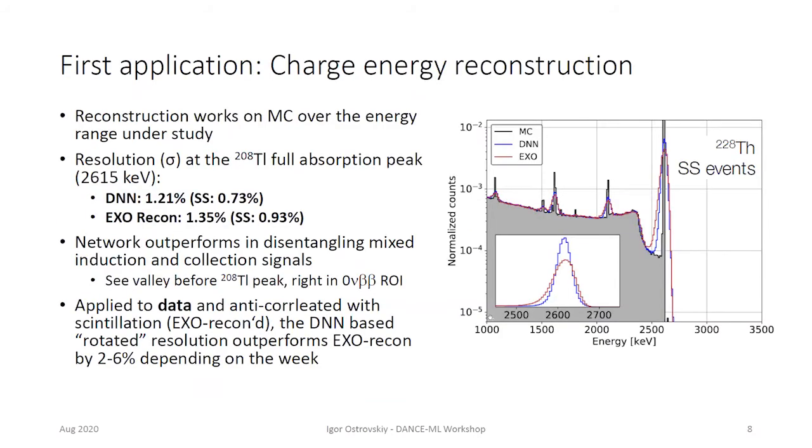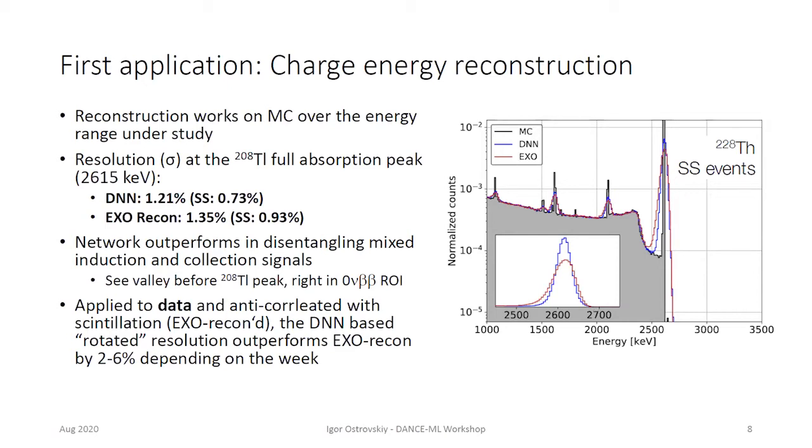So the first application was to reconstruct the charge energy, the energy estimator provided by those charge collection wires, using a convolutional neural network. We trained it on the Monte Carlo of different calibration sources, and almost out of the box, we got an energy resolution that is slightly better than what we get with our traditional recon, EXO-recon.